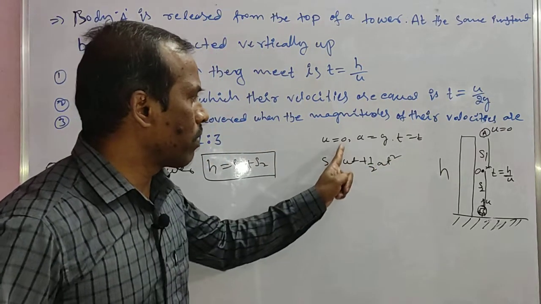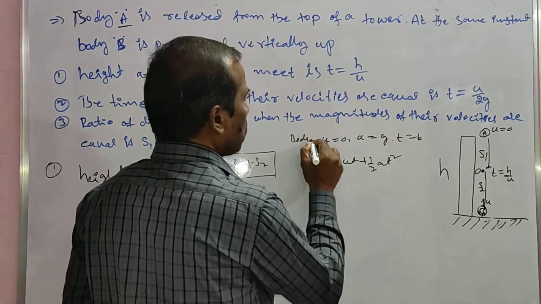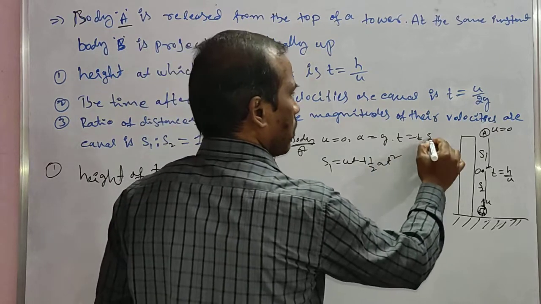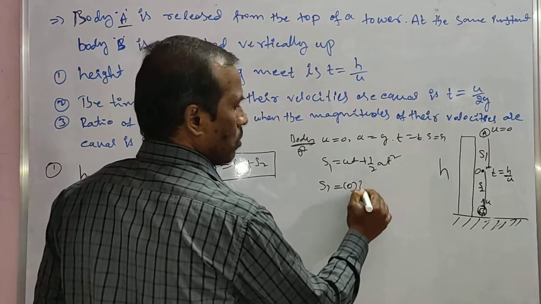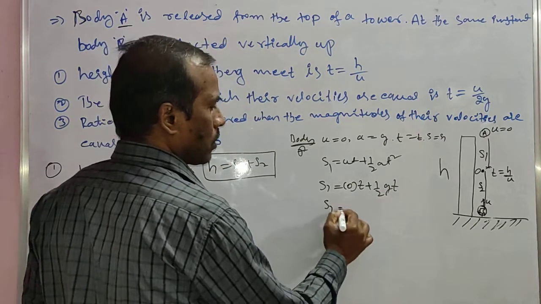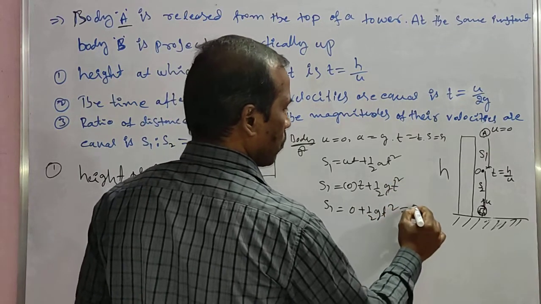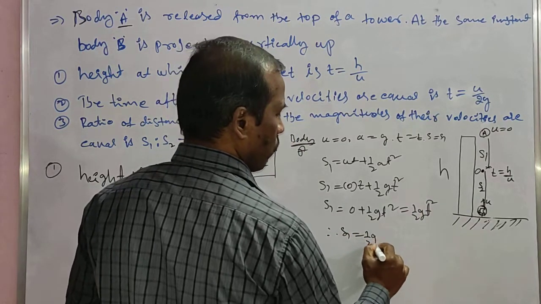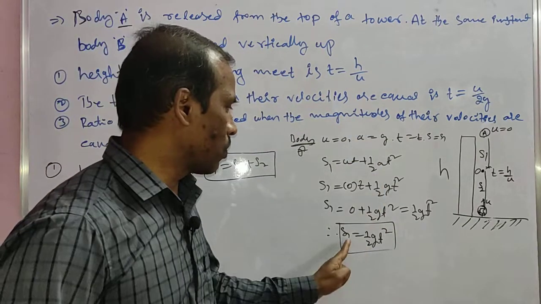Substituting the initial velocity for body A, S1 is equal to 0 times t plus 1 by 2 g t square. Simplifying, S1 is equal to 0 plus half g t square, so S1 is equal to half g t square. This is the distance covered by body A in the downward direction.